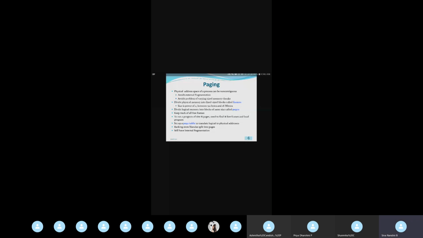These parts of the program may be stored in non-contiguous locations. So in segmentation or paging, the memory of the program need not be allocated in a continuous fashion. One segment or one page can be in one part of the memory, and another page can be in another part of the memory. Likewise, we can have it in segmentation and paging.